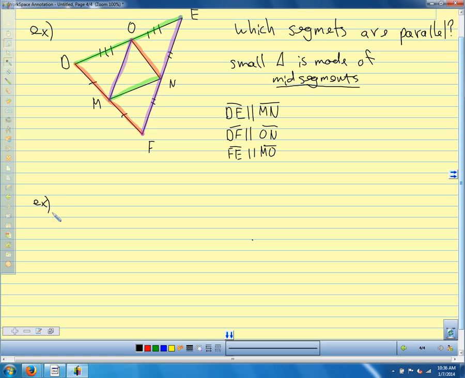All right, let's look at another one. This time, rather than parallel, we'll talk about the lengths. So there's my triangle.